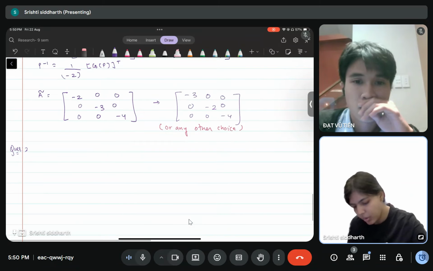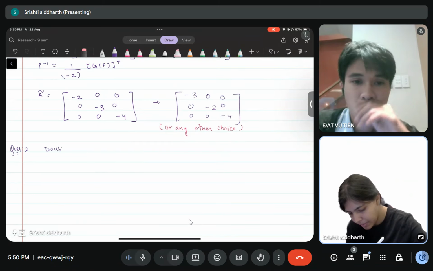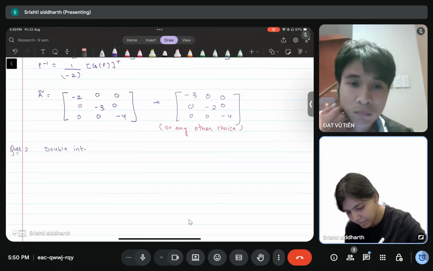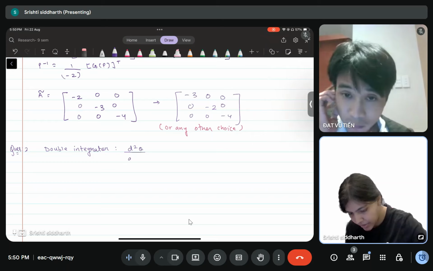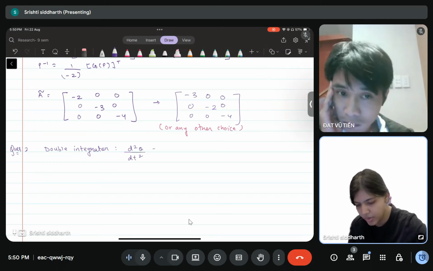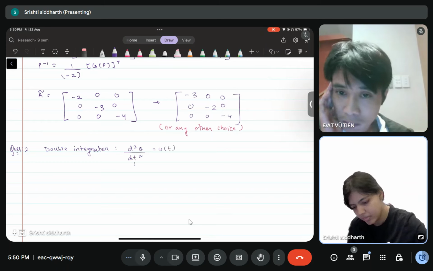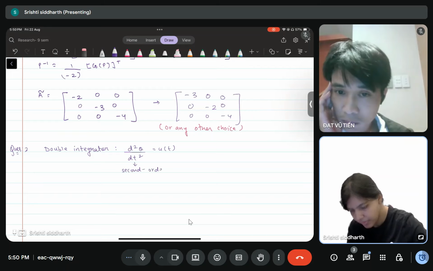Okay. So now we have the double integrator, the simple pendulum equation. This is d squared theta by dt squared equals u(t). So this is second order. We need two states to define this.